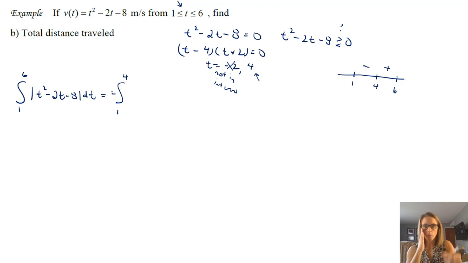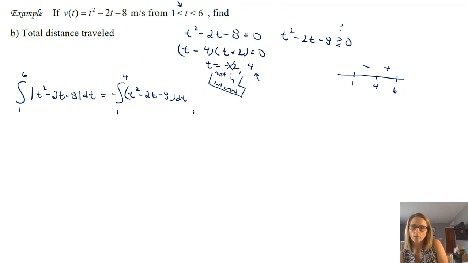So we're going to integrate from 1 to 4, and we're going to take the negative of that. So t squared minus 2t minus 8 dt. Okay. And then we're going to add to that, I'll just move it down a little bit.